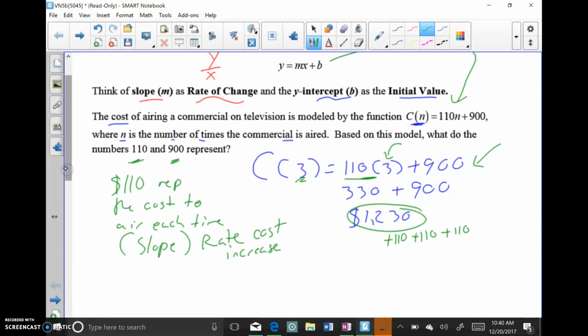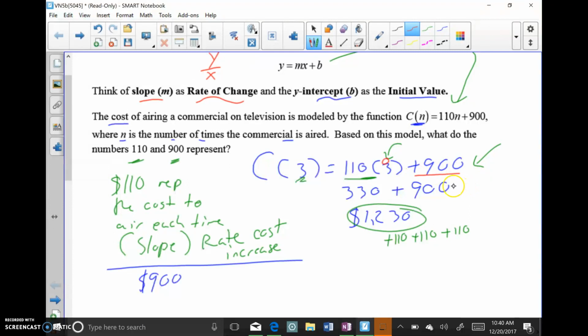So what does that 900 represent then? Well, the 900, notice that no matter what number I plug in here, it's going to be times that, but it's going to be plus 900. So even if I air it one time, it's 900. What if I don't air it at all? What if I plug in a 0 here? Well, then why does it still cost me 900?